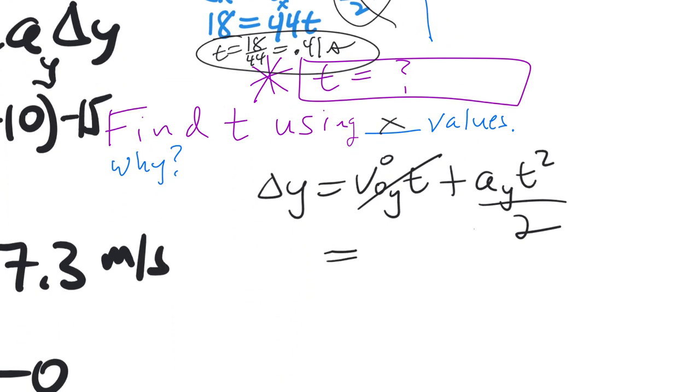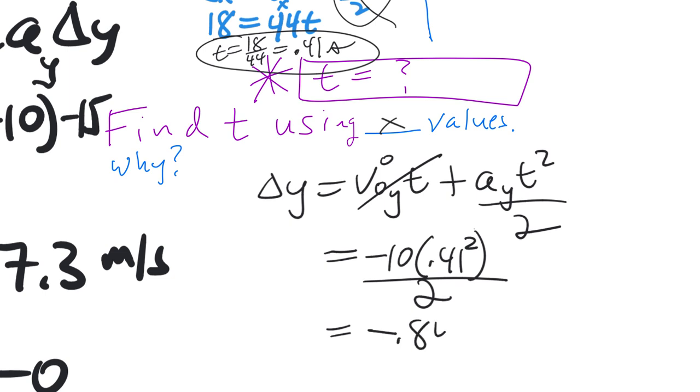So delta y equals AY, which is -10, times t squared, the time I just found, 0.41 squared, over 2. So -5 times 0.41 squared comes out to be -0.84 meters.